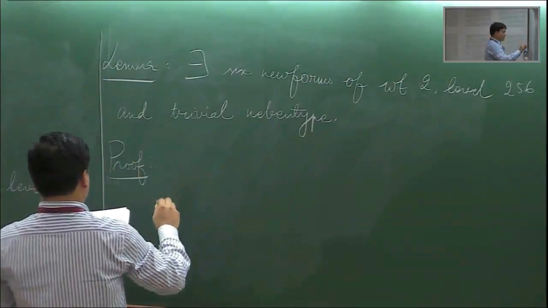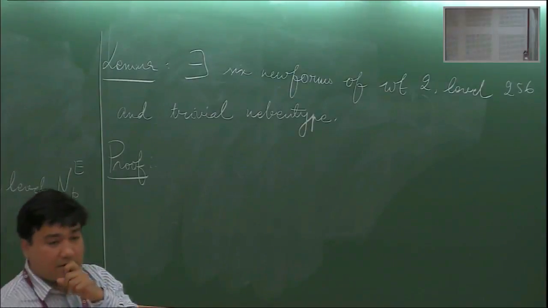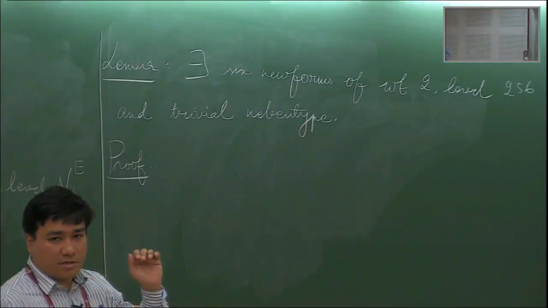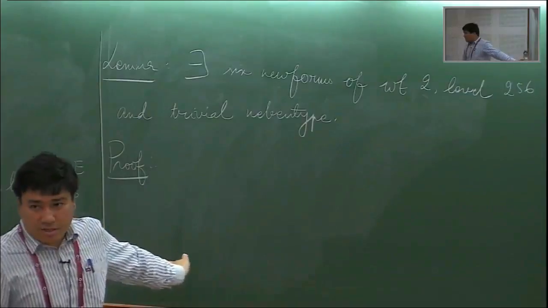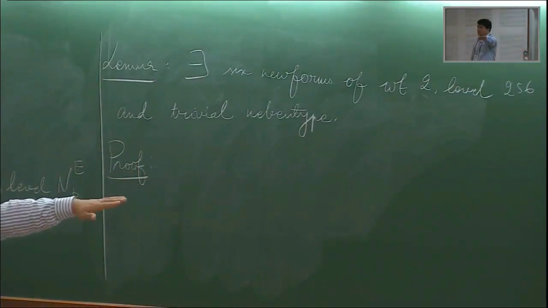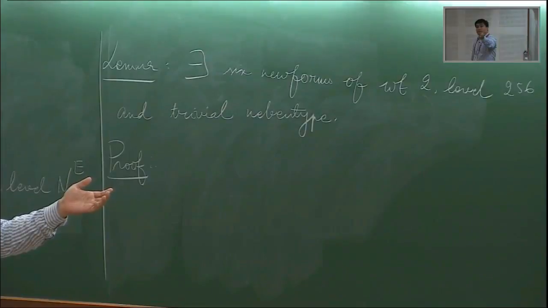Okay, so I have this representation rho E P. So attached to this representation, there is something called a Serre conductor. Okay, so so far we have been talking about conductors of elliptic curves, but attached to this representation also there is a conductor which tells you about the ramification behavior of the Galois representation.